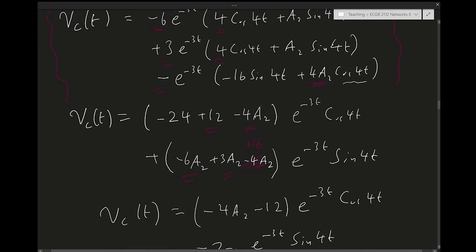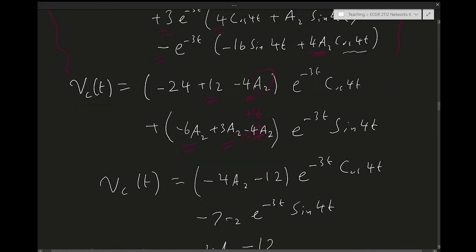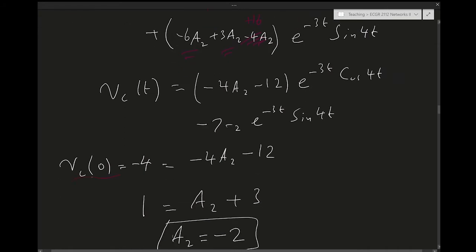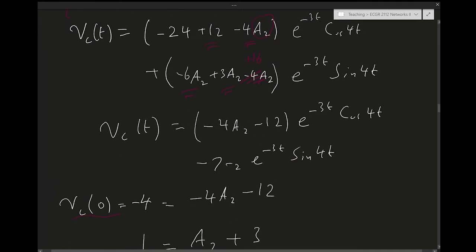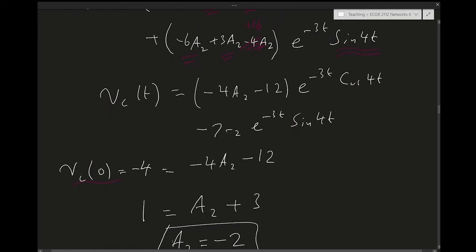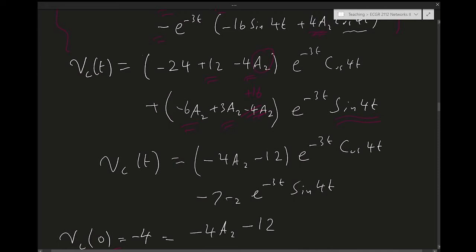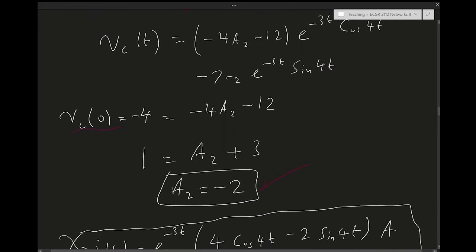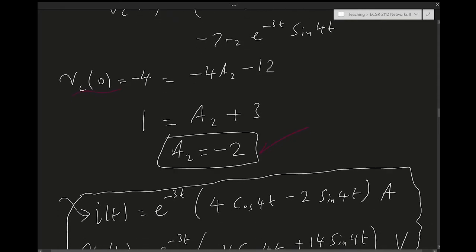This did not affect finding the value of a2, by the way, because when we apply the initial condition, VC at 0, sine 0 anyway goes to 0, right? So we still end up with only this equation mattering to find A2.